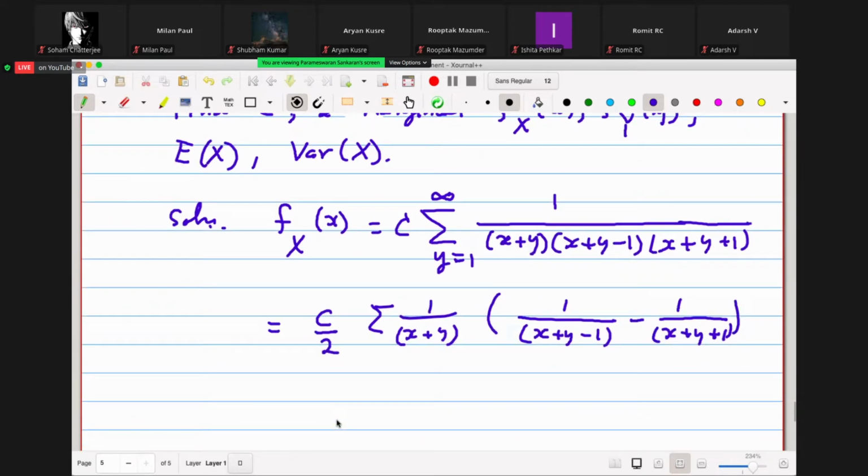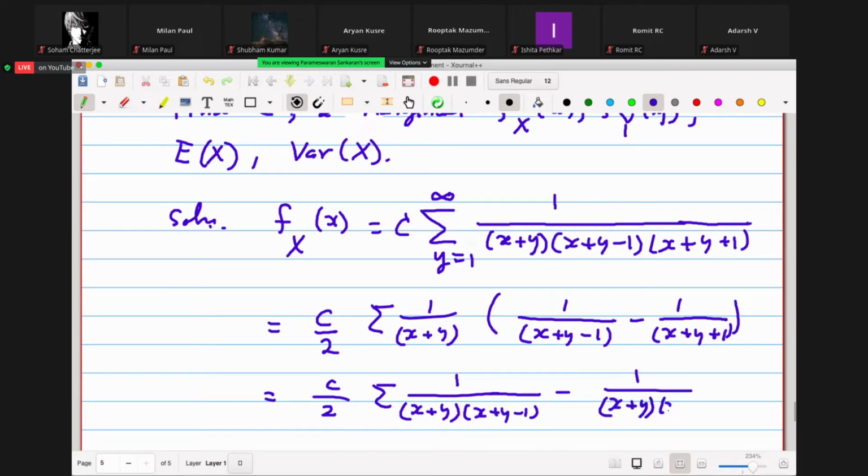So this is equal to c by 2 summation of 1 by (x plus y minus 1)(x plus y) minus 1 by (x plus y)(x plus y plus 1), y going from 1 to infinity.